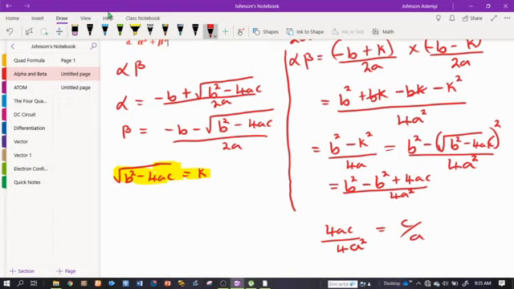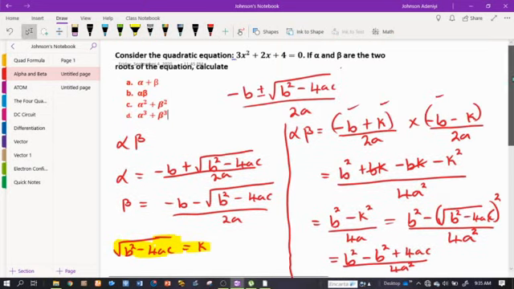So in order to get our answer now for alpha beta, we go back to the question: what is c, what is a? According to the question, we know that our c is equal to 4 and our a is equal to 3.